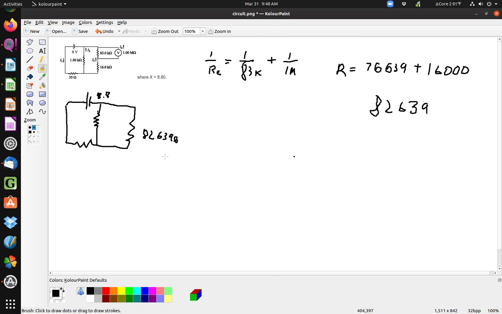Alright, so that's our new equivalent resistance. I1 is still going to be the same direction, I2 is still the same direction, and I3 is still the same direction.